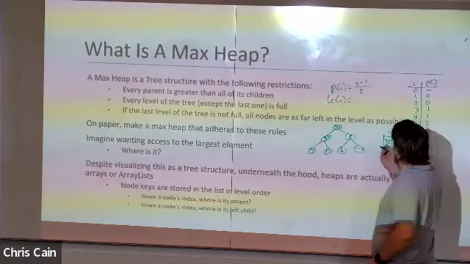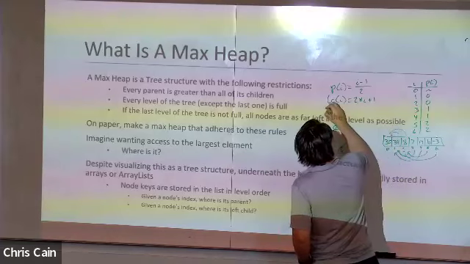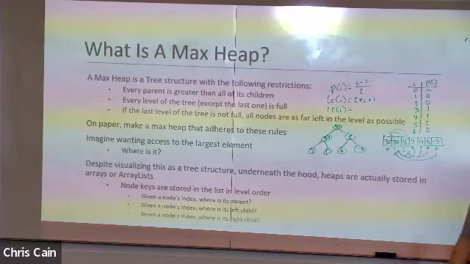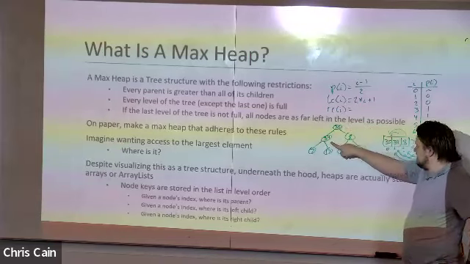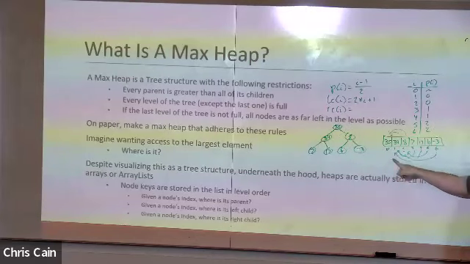That's exactly right. Let's check: 35 is at index 0, 2 times 0 is 0, plus 1 is 1, which is the index of 34 in the array.